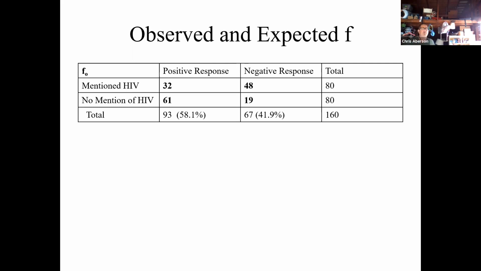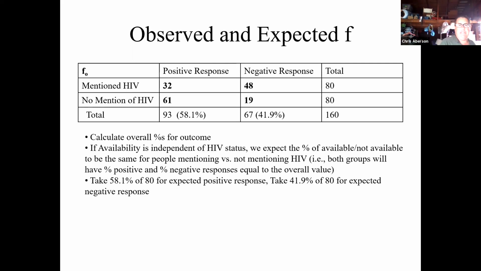So both groups would be expected to have that same overall distribution. So take, for each group, 58.1% of the 80 as expected positive responses, 41.9% of the 80 as expected negative responses, and there you go.